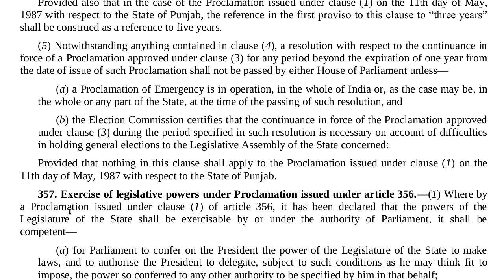Where by a proclamation issued under clause 1 of Article 356 it has been declared that the powers of the legislature of the state shall be exercisable by or under the authority of Parliament, it shall be competent a. for Parliament to confer on the President the power of the legislature of the state to make laws, and to authorize the President to delegate, subject to such conditions as he may think fit to impose, the powers so conferred to any other authority to be specified by him in that behalf.